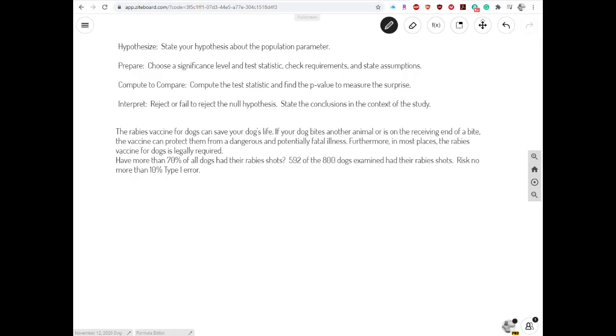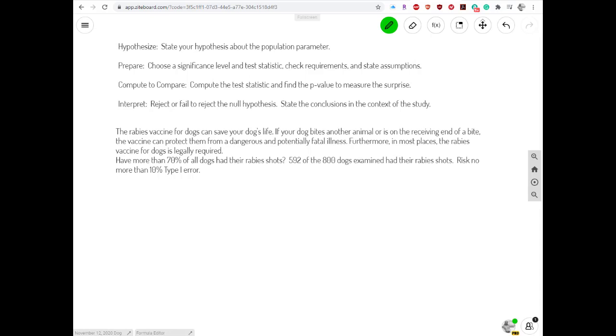As always, I've gone ahead and pasted the steps to null hypothesis statistical testing at the top, and then also pasted the question that we're about to answer at the bottom. I want to go ahead and keep the same colors that I've been using so that perhaps of the steps you'll remember the colors.